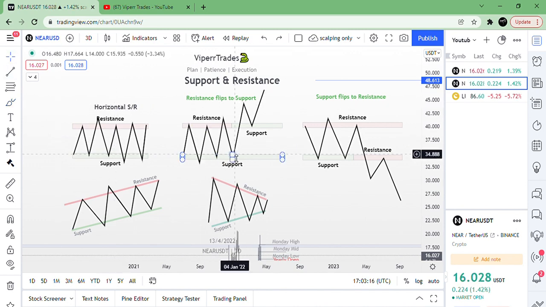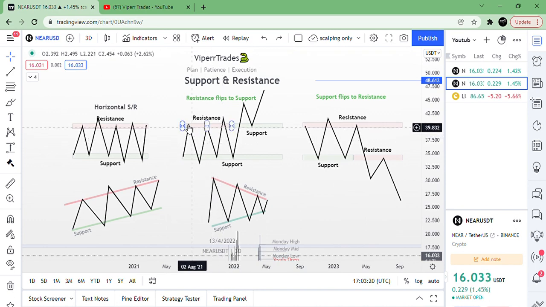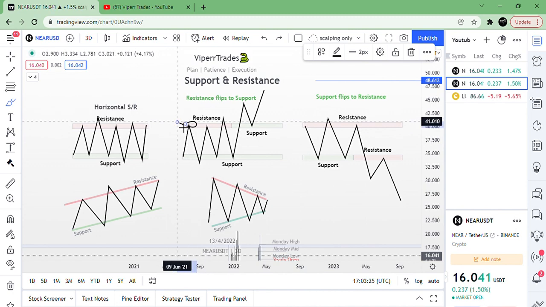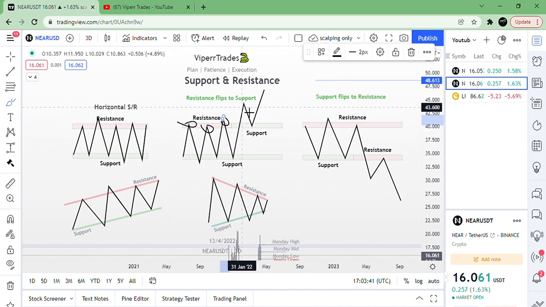Support and resistance don't always hold forever. So in this case here, you've got resistance here, resistance here, resistance here, and it gets to a point where price fails. This level here fails to resist price anymore. So when that happens, price goes through the resistance and it flips to support.